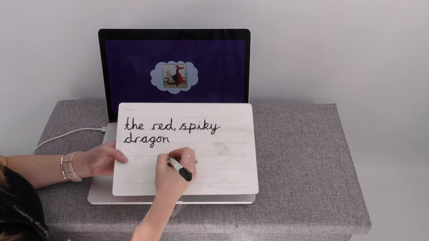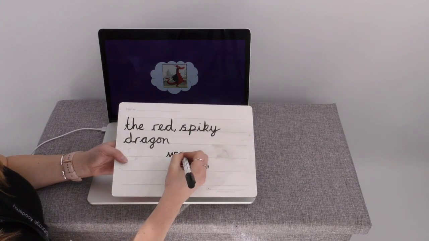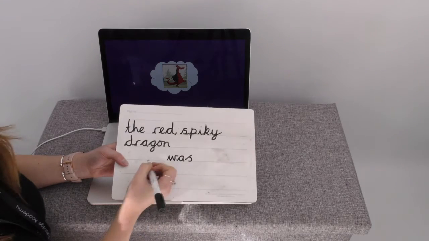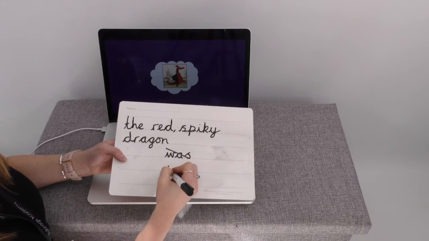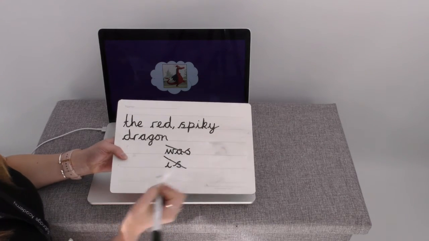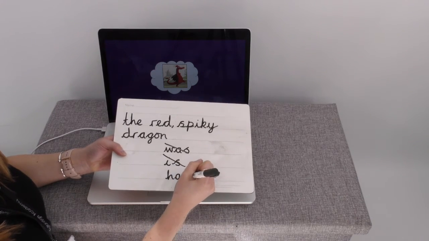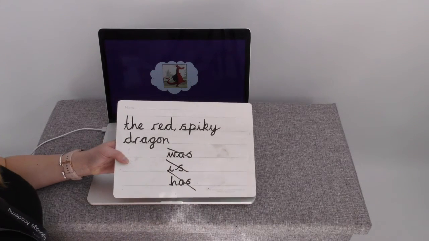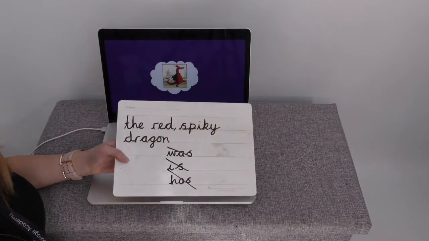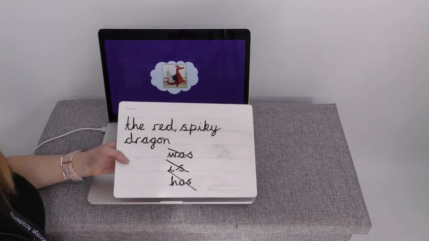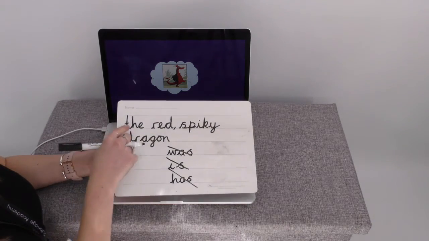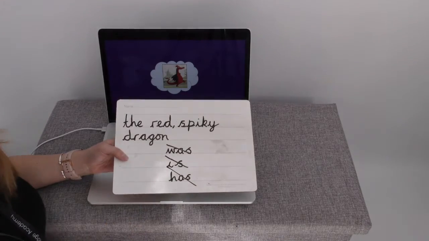So you cannot have the words was, because that is a verb, is, because that is a verb, or has. It's just the description about the dragon. My example here is the red spiky dragon.